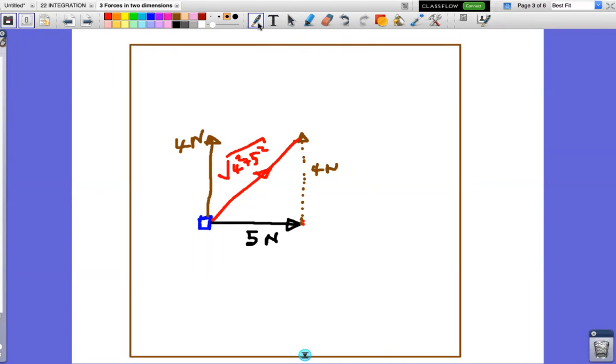So this whole system will be the same as you have your book and you have one single force in that direction. It's the same as one person pulling in that direction with a force of magnitude square root of 5 squared plus 4 squared newtons. All right. So the book will move in the direction of that resultant force.